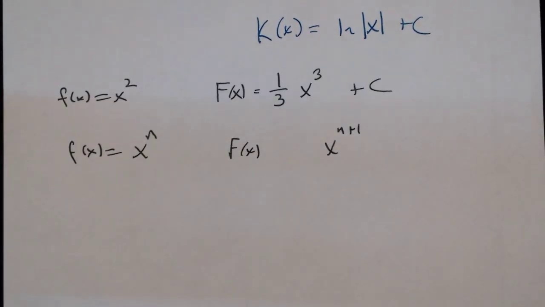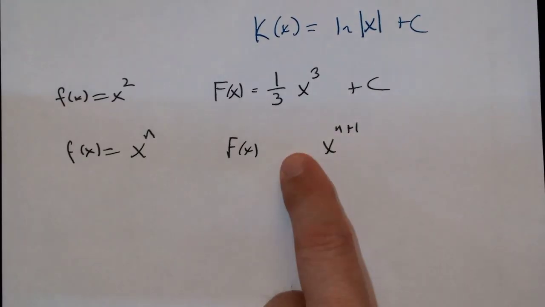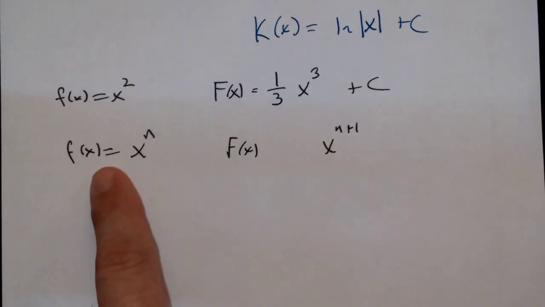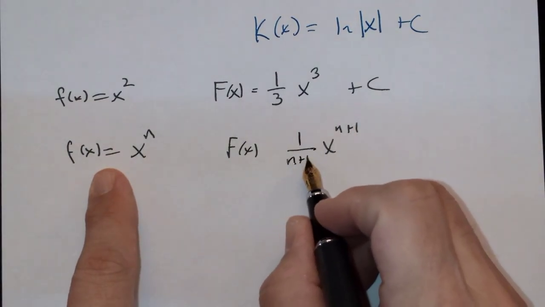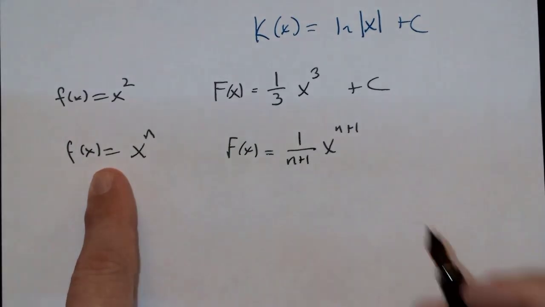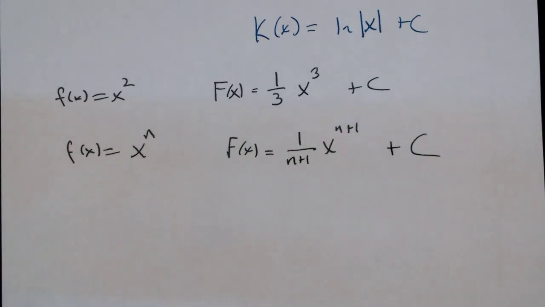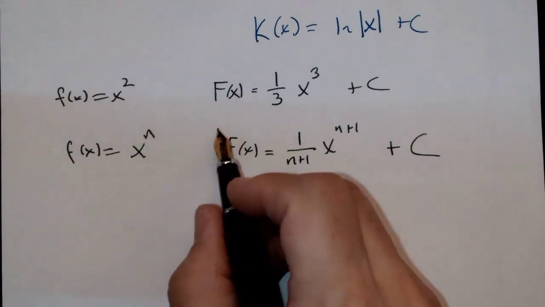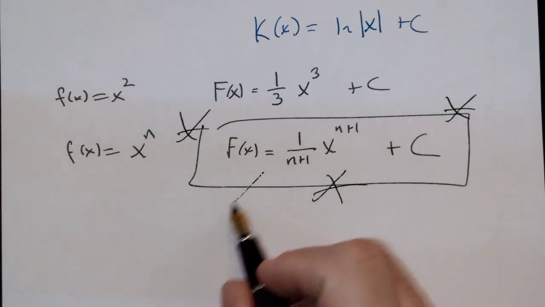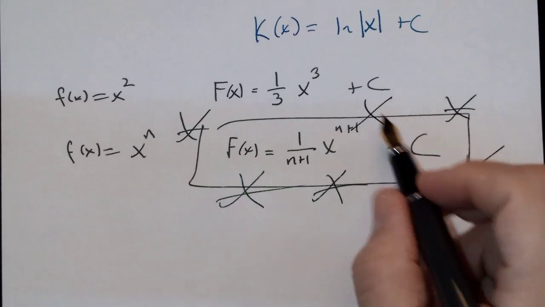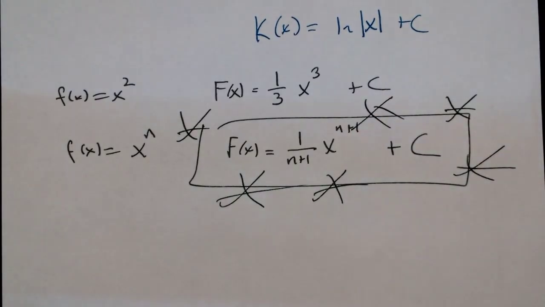But again, if I go to take the derivative, this number is going to come down in front. It's not there. I had to have canceled it with something. I have to cancel it with 1 over this new number. I think this one's a little important.